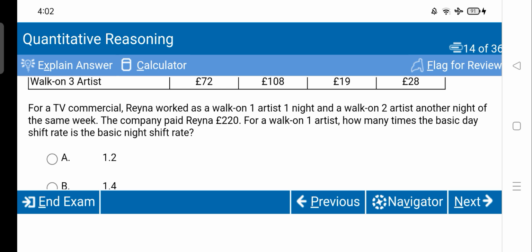The company paid Reina 220 pounds for a walk on one artist. How many times the basic day shift rate is the basic night shift rate?